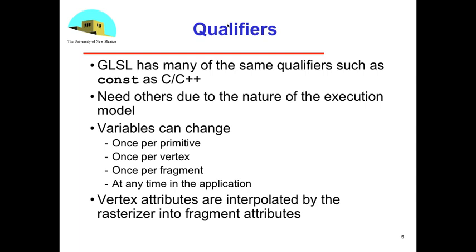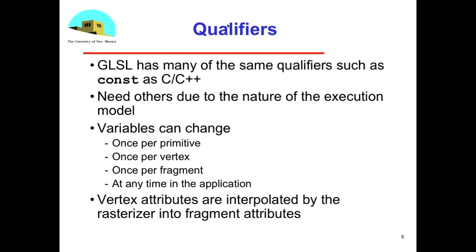The reason for having more is that when things change can occur in many different ways from the application programmer's point of view. So sometimes, if you're changing, say, a color, you want that color to apply to the entire primitive.